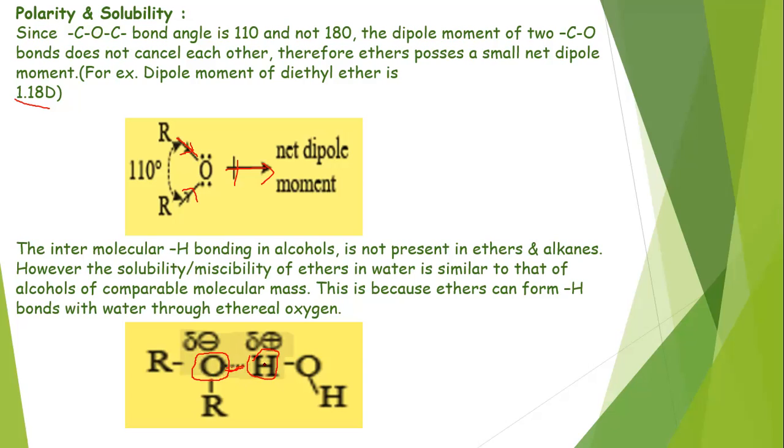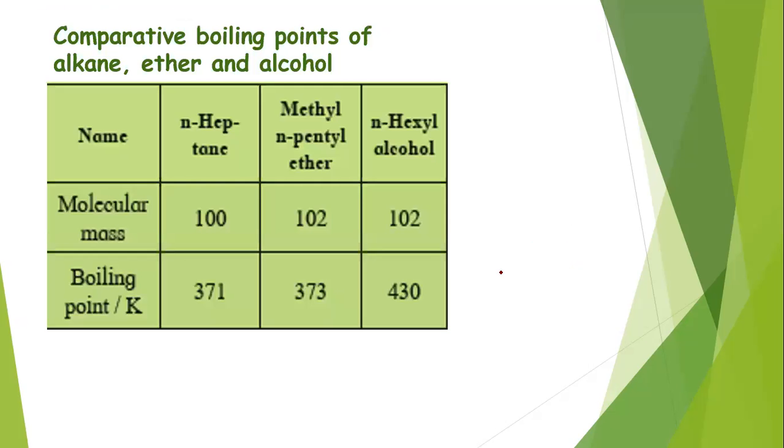Hence, ethers are soluble in water similar to that of alcohols. But alkanes do not have hydrogen bonding, so they are not soluble in water. So this is the reason behind their solubility.